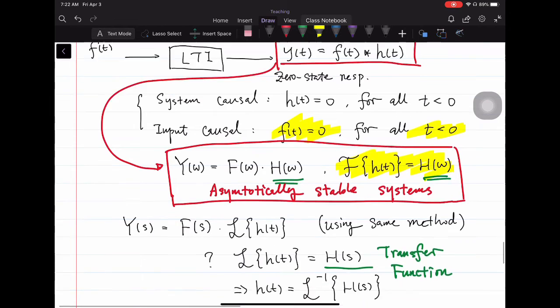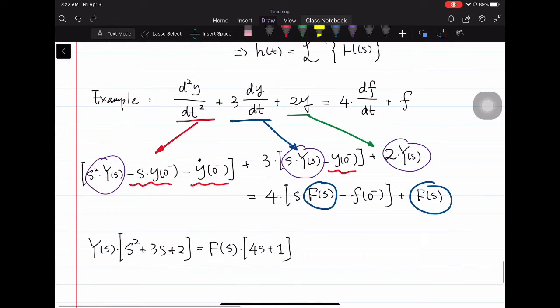If this is the case, this term will be 0. There's no initial condition for the input signal f, it's 0. So the rest of the terms will be plus s plus 1 times the initial condition of y.